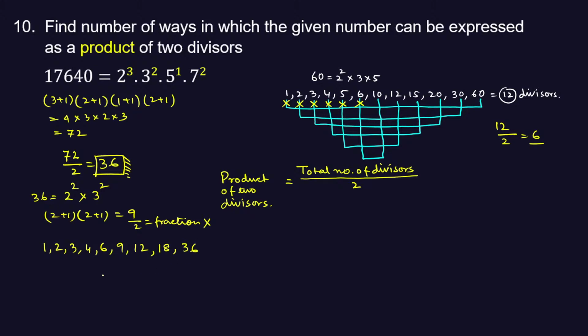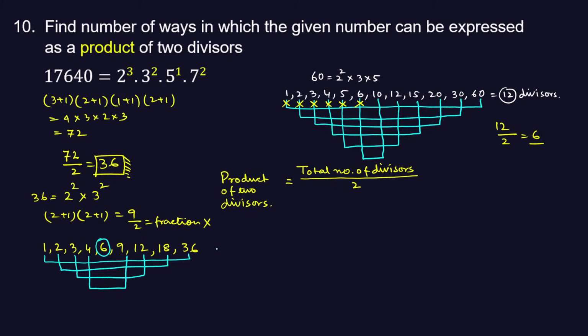So now you see, if I want to express 36 as a product of two divisors, if we multiply 1 with 36, we are getting 36, okay. 2 with 18, no problem. 3 with 12, no problem. 4 with 9, it's okay. But what about the 6? What about the 6? Big question. What about the 6?